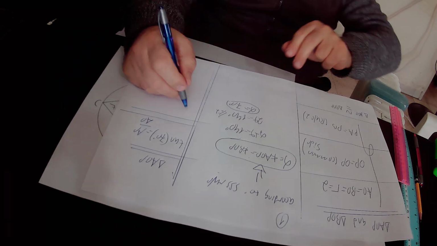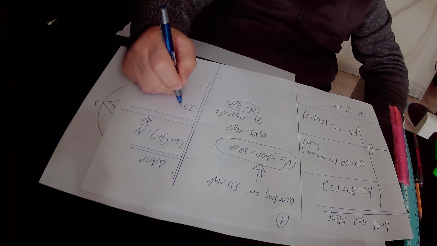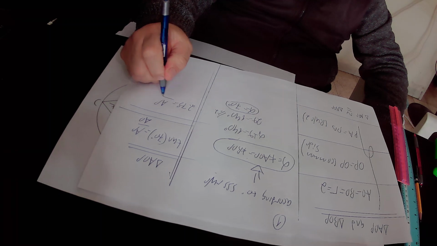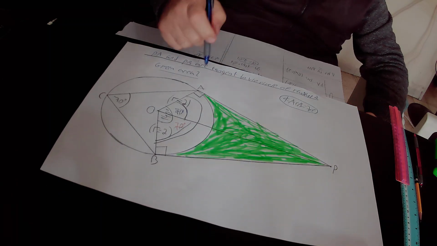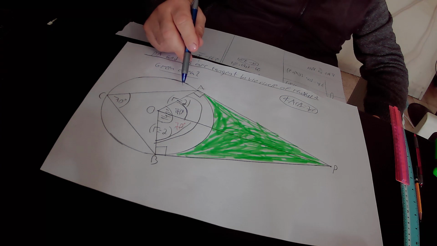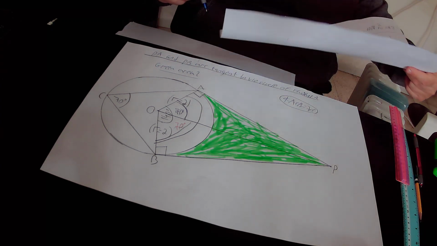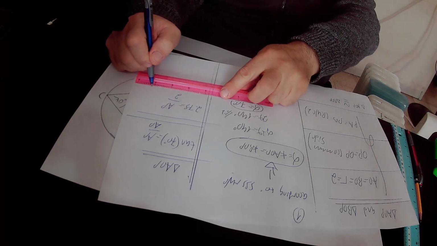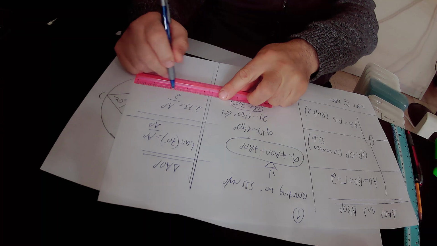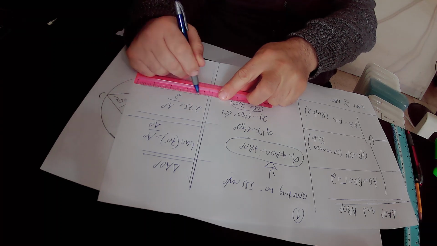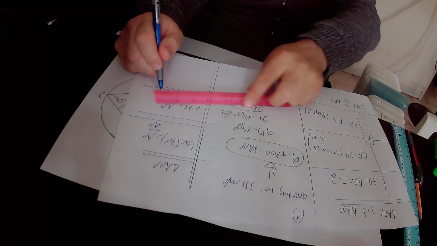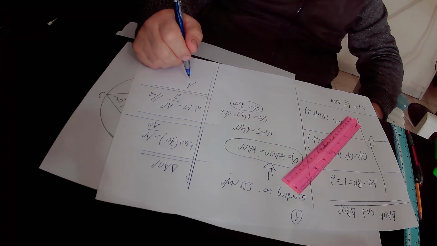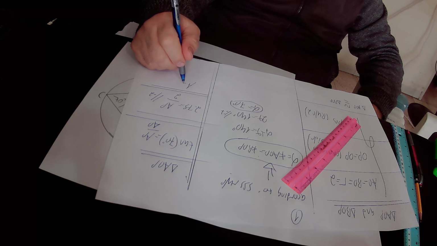So 2.75 is equal to AP, the missing side, so we leave it as it is, over AO. AO is the radius of this circle, R, that is equal to 2, therefore we will substitute AO by 2. In conclusion, we found out that 2.75 equals AP over 2. Here we will multiply this equation by 2, and we will get that AP equals 2 times 2.75, which is 5.5.